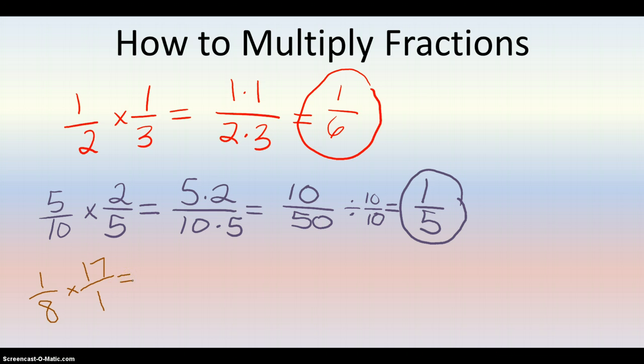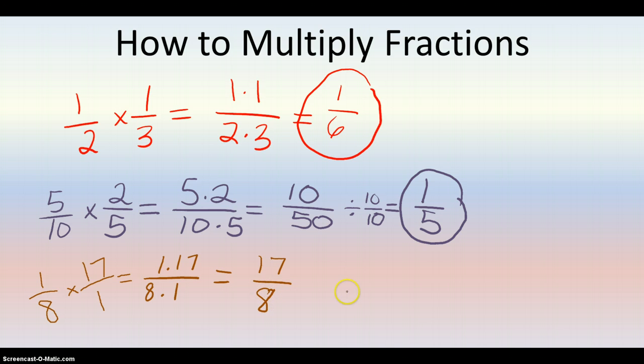Now what do I do with this? Well, again, I simply multiply across: 1 times 17, 8 times 1, and 1 times 17 is 17, and 8 times 1 is 8.